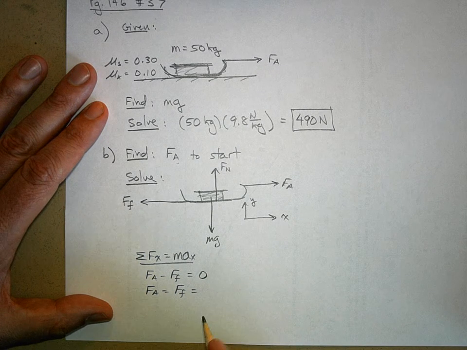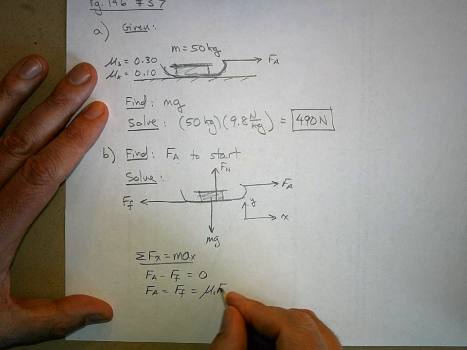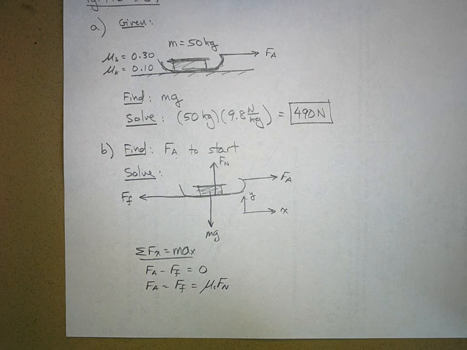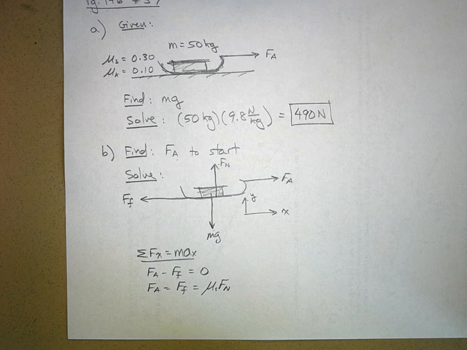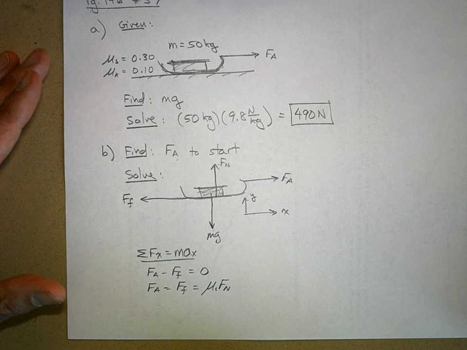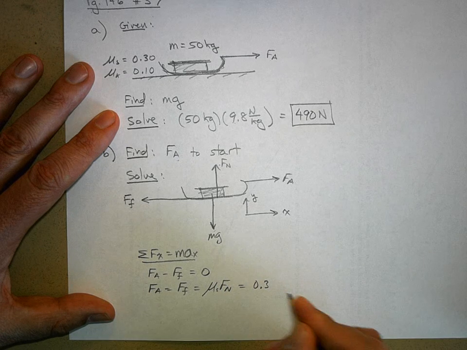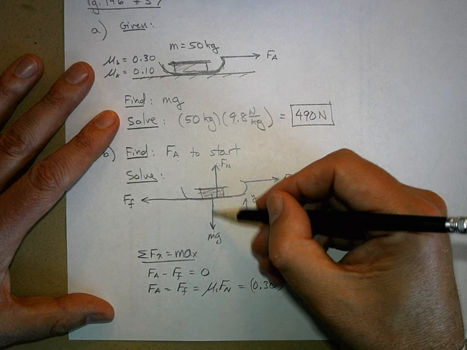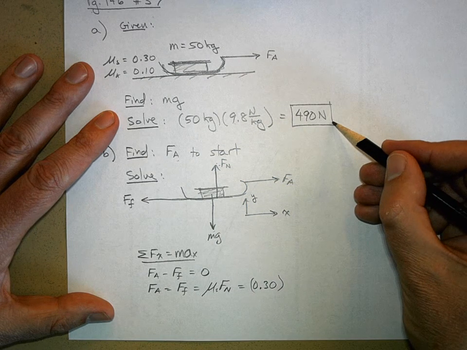But my force of friction is equal to the static coefficient of friction times the normal force. Well, in this problem, what is the normal force equal to? It's going to be equal to the weight. Right? So I'm going to put 0.30 times the normal force, but the normal force is equal to the weight, and the weight is 490 newtons.